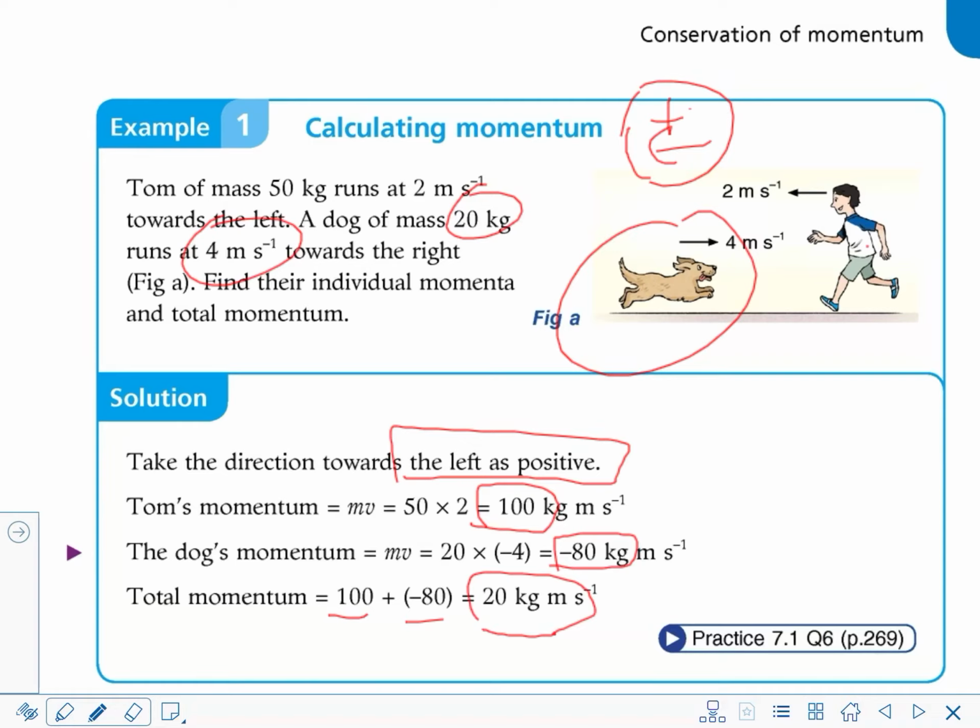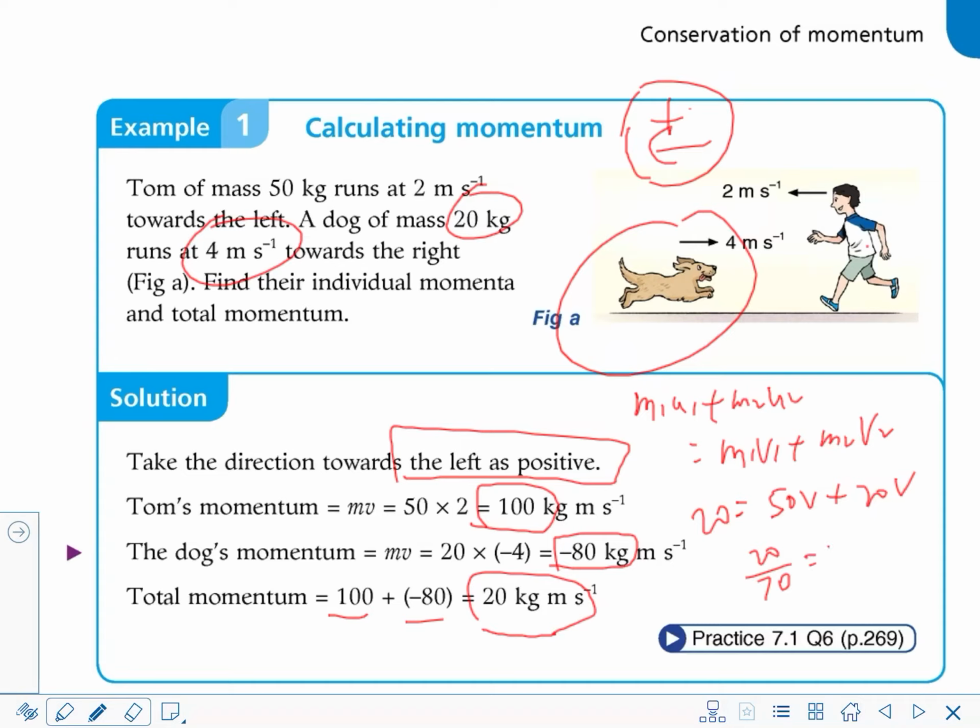So what is the common velocity? After the collision, they stick together. What is the final velocity? Very easy. m1 u1 plus m2 u2 equals m1 v1 plus m2 v2. This is the conservation of momentum. So 20 equals 50 v plus 20 v.